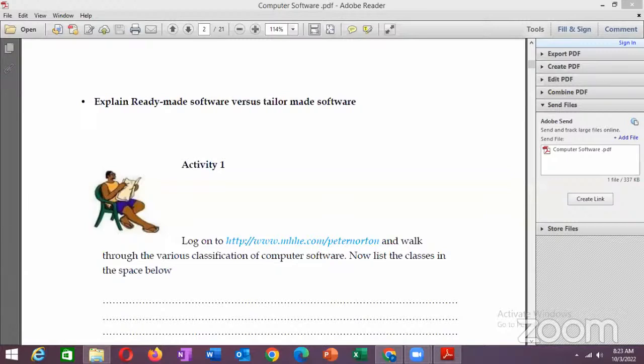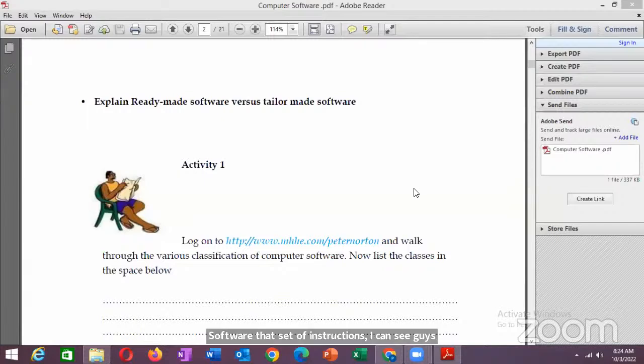So you can answer. You can see somebody saying it's intangible parts, the intangible parts of a computer system. I can see most of them are talking about that. Software is a set of instructions. I can see guys are attempting.